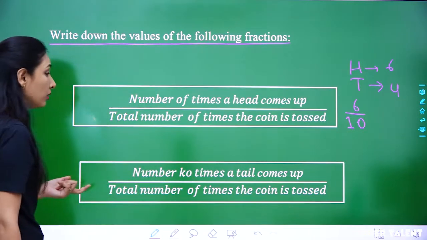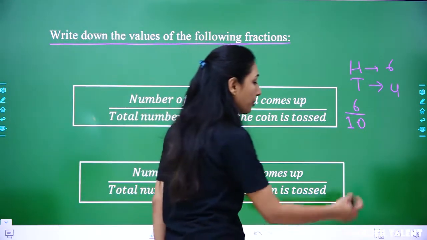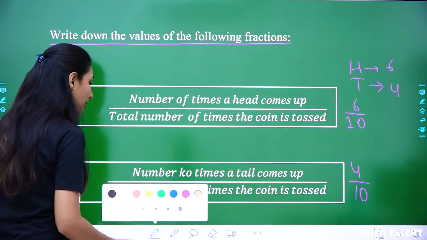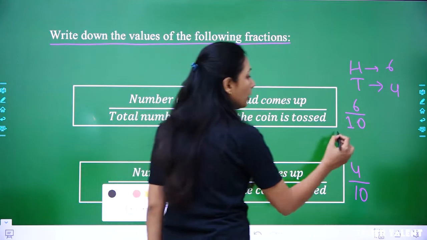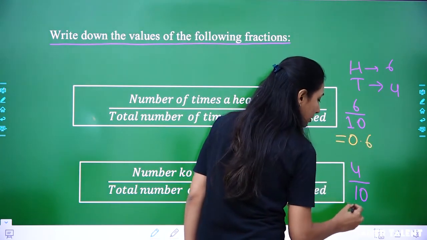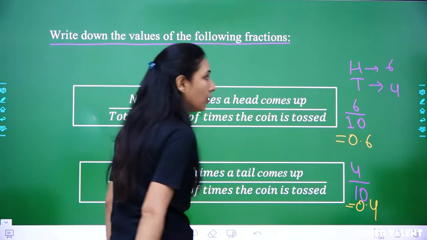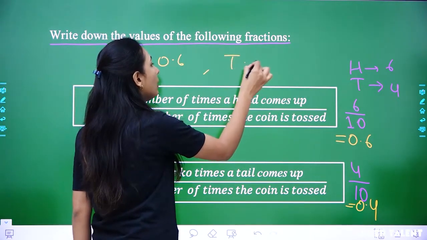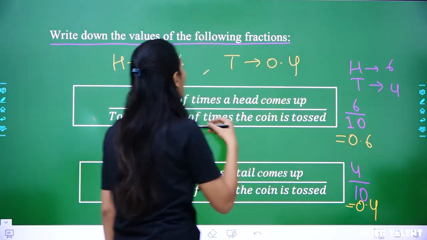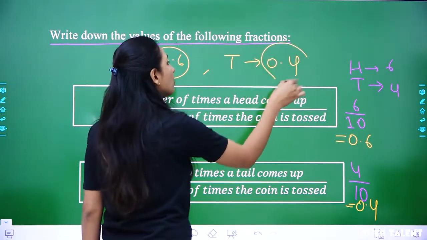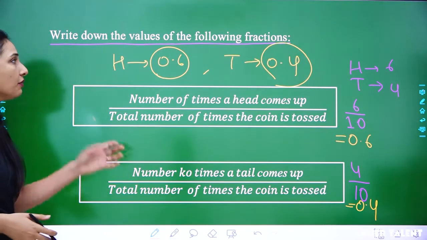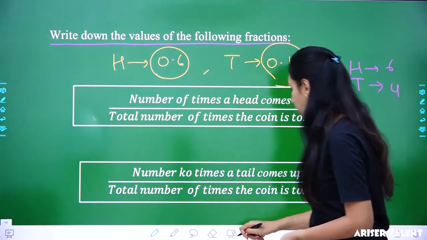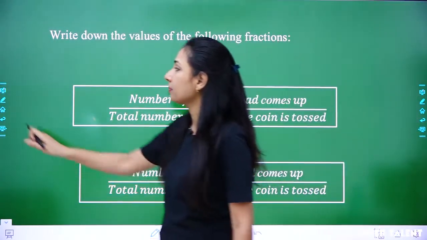For the number of times tail comes up, it is 4 upon 10. If I solve the values here, it is going to be 0.6 and 0.4. So for head I got 0.6 and for tail I got 0.4. Are these numbers equal or not? No, these numbers are not equal. There is a difference of 0.2. Right? Okay. Now what is next?